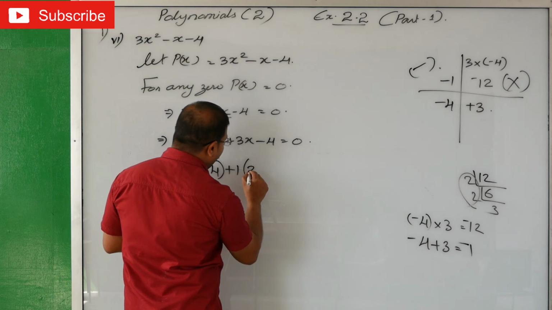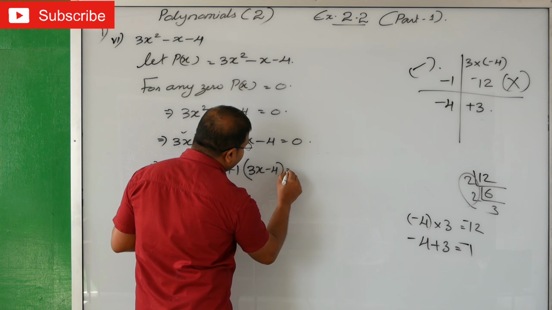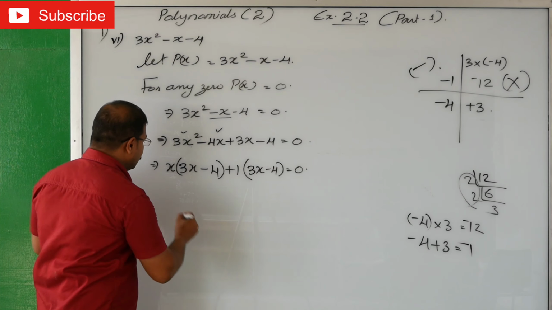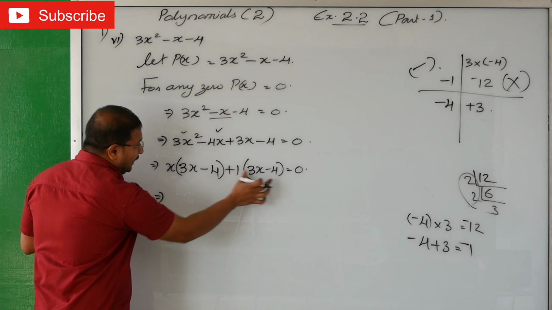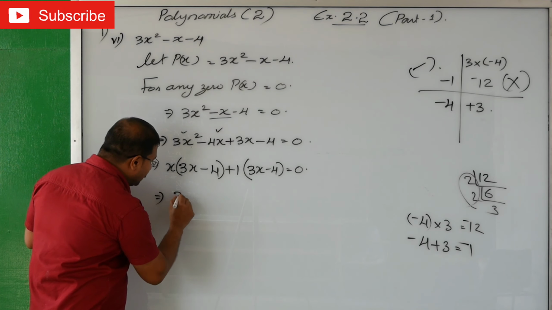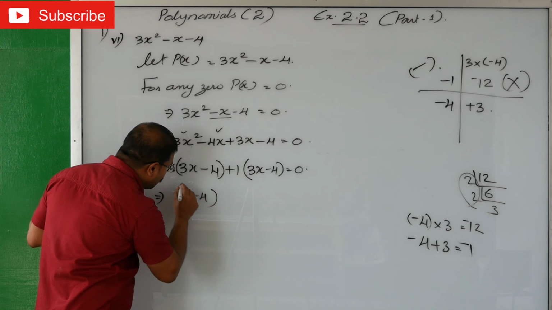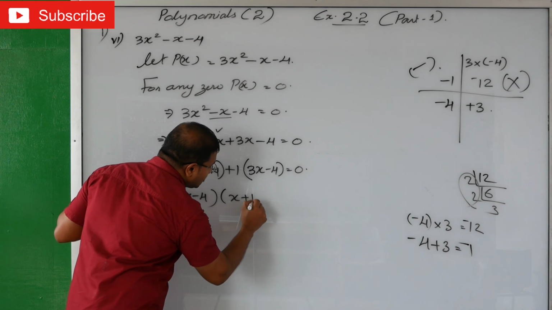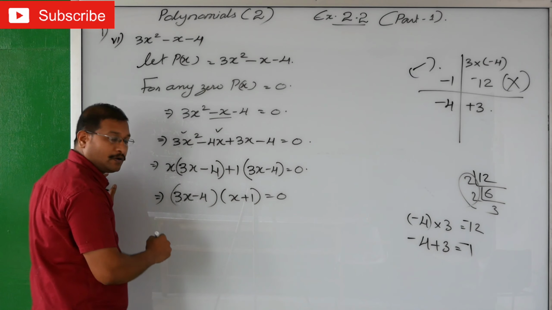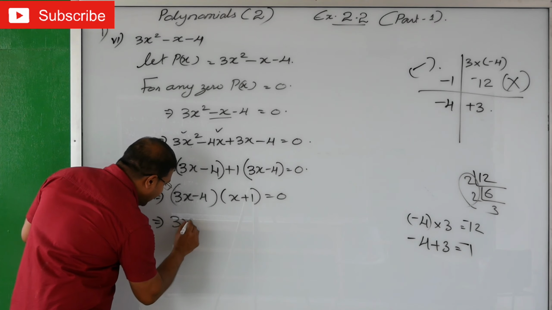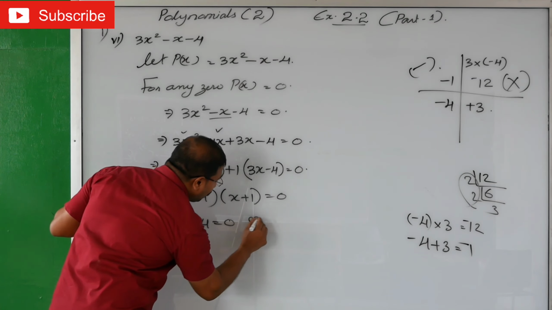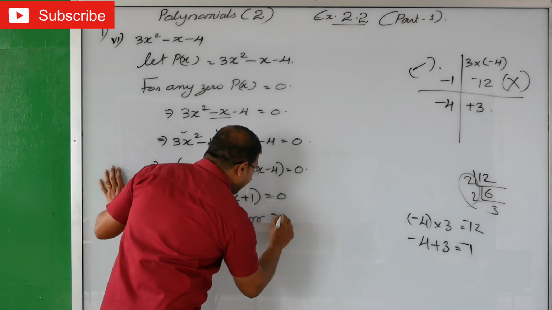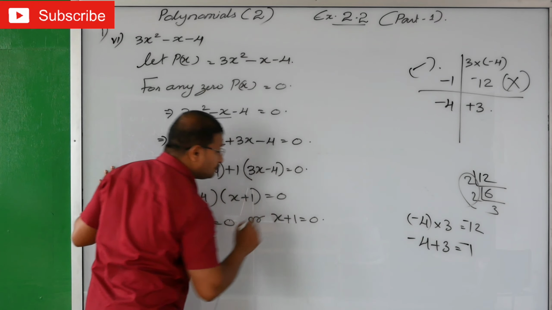What is that? 3x minus 4 equal to 0. This implies, see, brackets are same. That means we will write 3x minus 4 as common. Then the balance x plus 1 equal to 0. This implies 3x minus 4 equal to 0 or x plus 1 equal to 0.